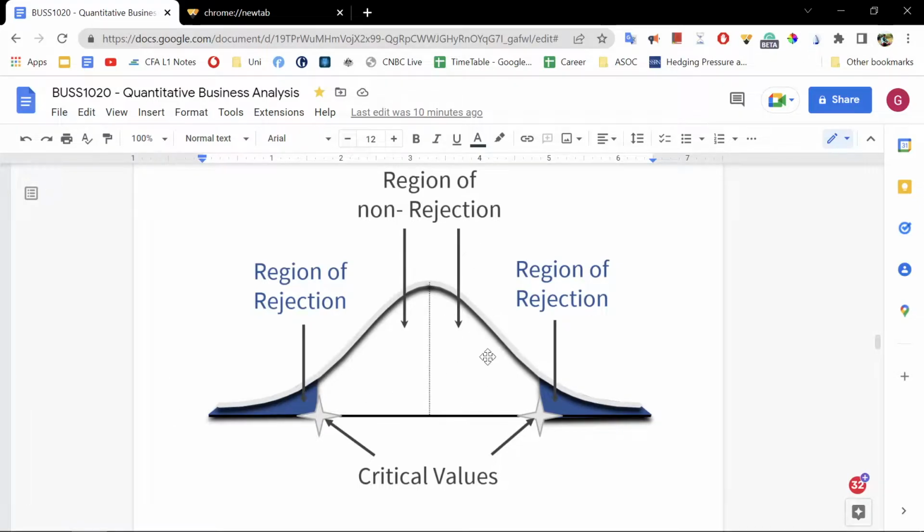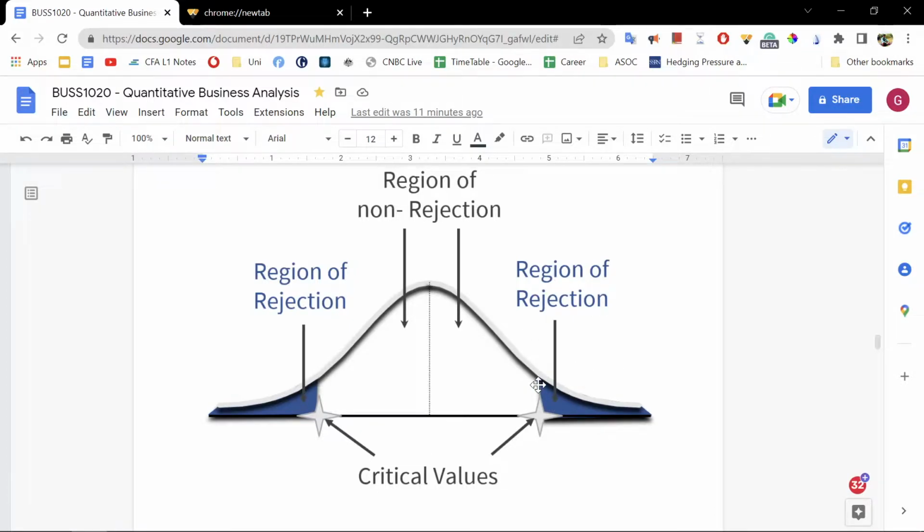And if our x bar, or our test statistic, lies within the region of rejection on either side of the distribution, then we have reasonable proof that each can of Red Bull does not contain 250 milliliters because it either has too much or too little.